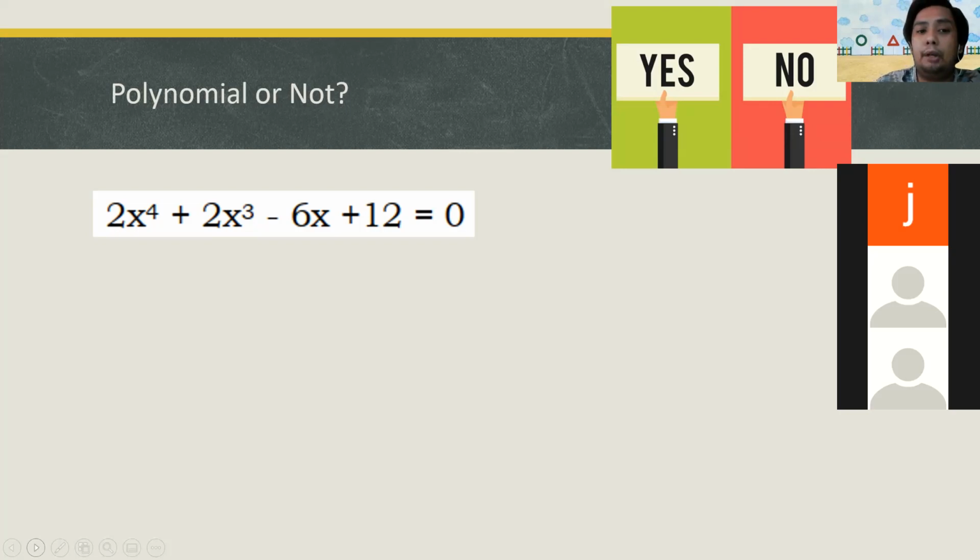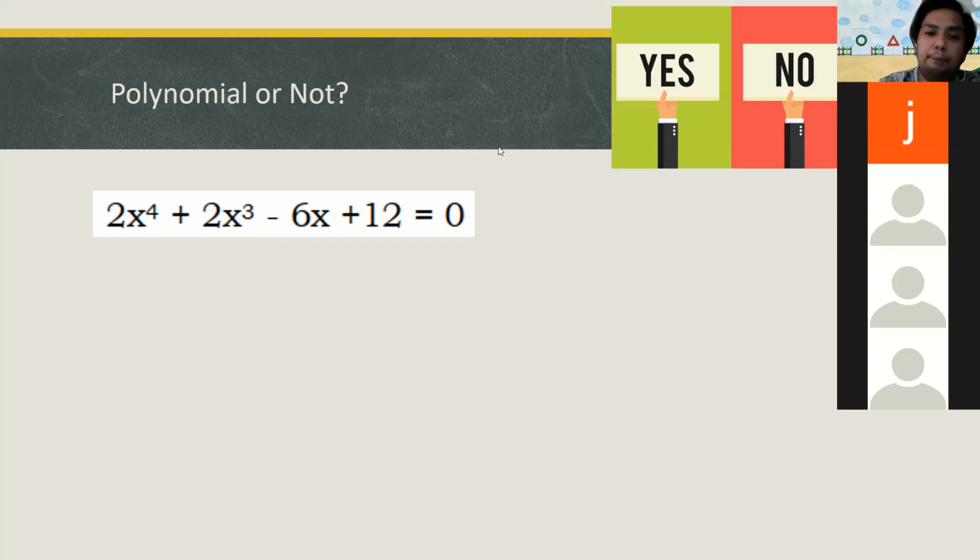Yes, sir. Polynomial po siya. How about the others? Do you agree that that is polynomial? Yes po. So this is a polynomial in standard form. Please take note that a polynomial should have an exponent that is a whole number. That's the main idea.